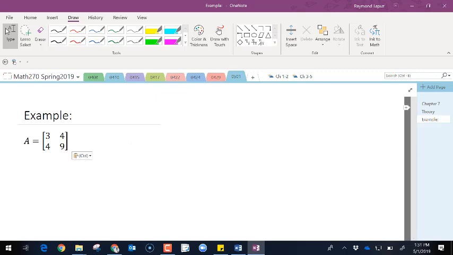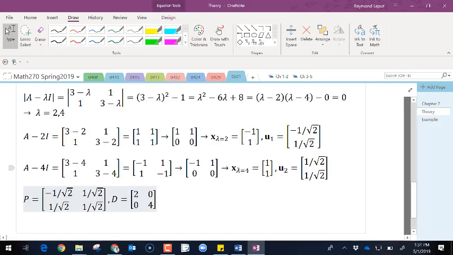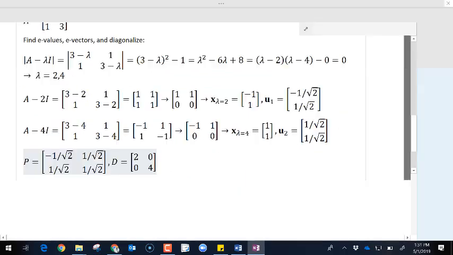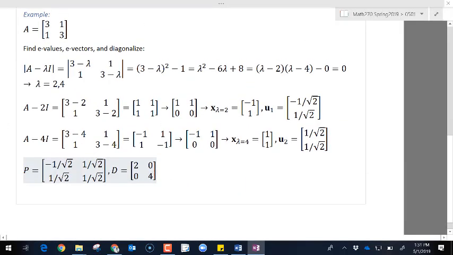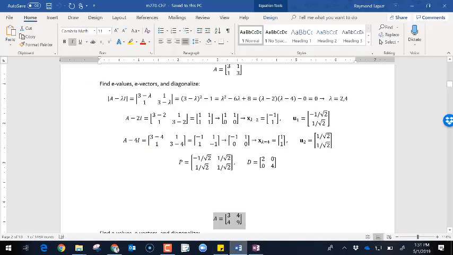So basic steps: find the eigenvalues, find the eigenvectors, and then if you want to check, you can check to make sure that the two eigenvectors from the different eigenspaces are perpendicular, orthogonal, which they should be, and just normalize them, and then you're good. 3, 4, 4, 9.